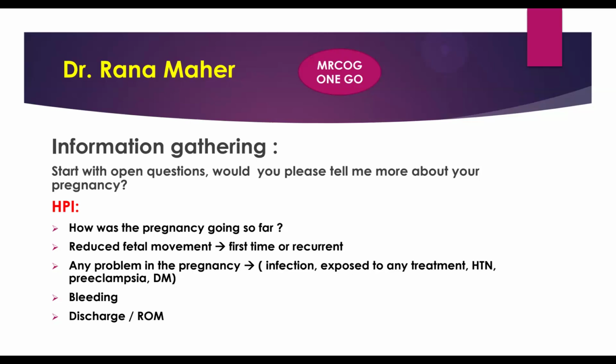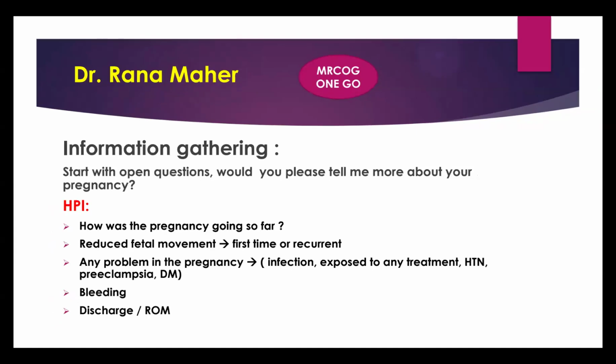Sometimes you can find the cause in the questions, like if this patient has any problem during the pregnancy, any problem like diabetes, hypertension. So we need to ask about this. The first question has to be an open question. This is the best way, guys, to start the information gathering. Tell me more about your pregnancy. How was the pregnancy going so far?